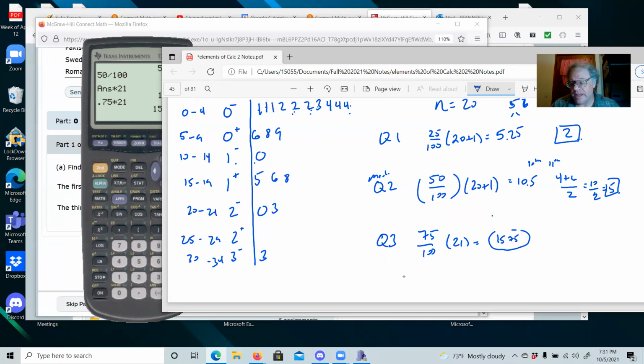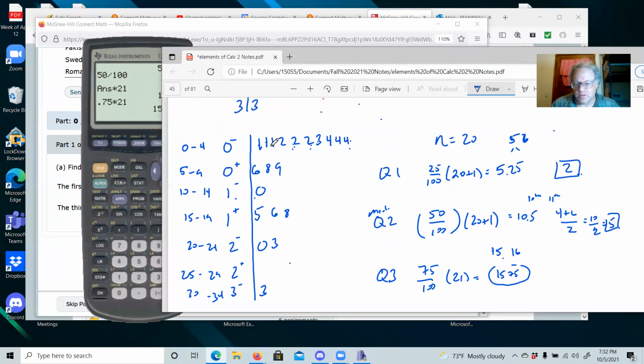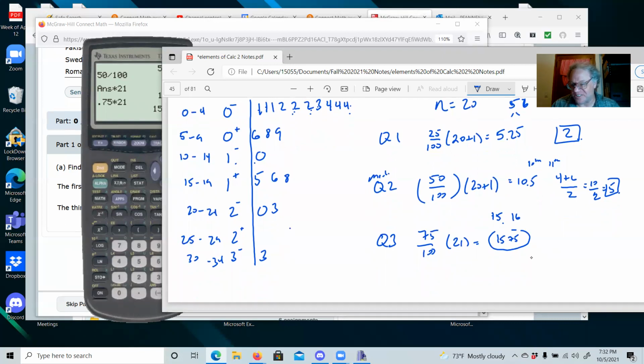It's not the answer. It's somewhere between the 15th and 16th data point. Okay. And we're going to go ahead and check that. So 1, 2, 3, 4, 5, 6, 7, 8, 9, 10, 11, 12, 13, 14, 15, 16. Okay, so somewhere between the 15th and 16th data point, right? Which happens to be 15 and 16. Okay, I assure you that's a coincidence. That doesn't always happen.